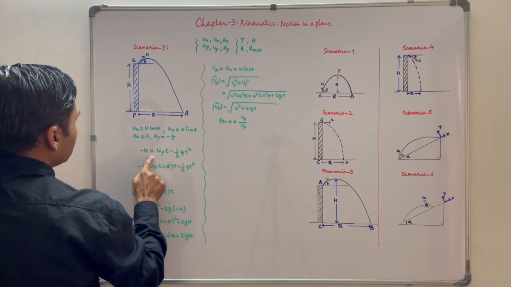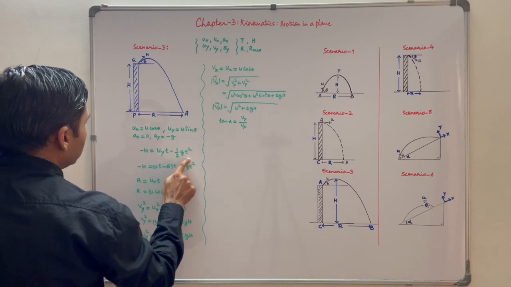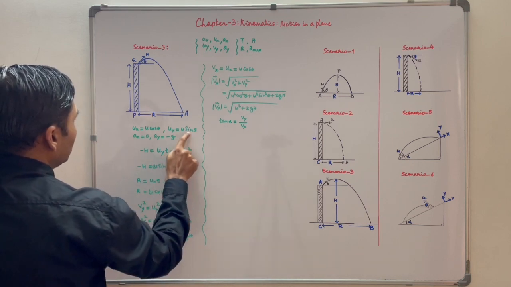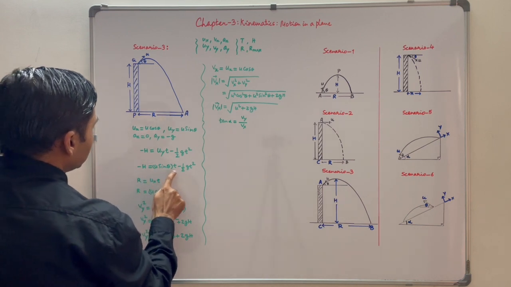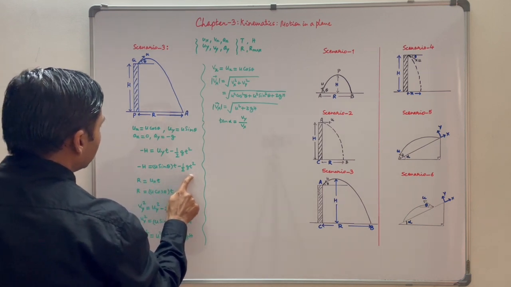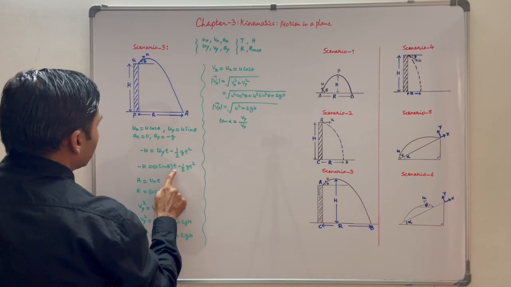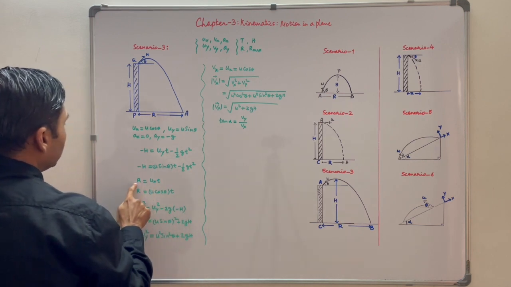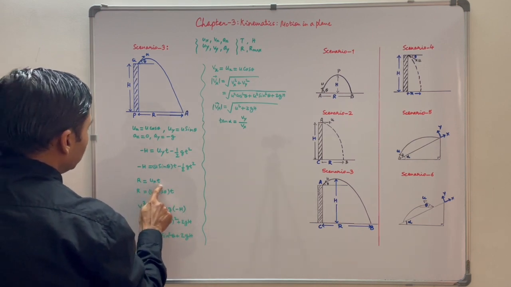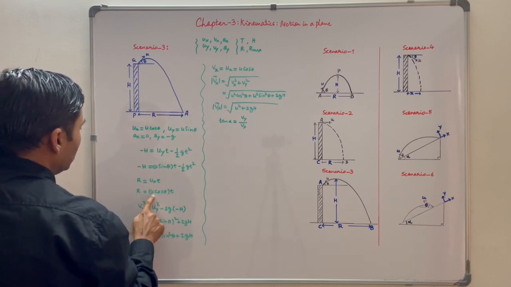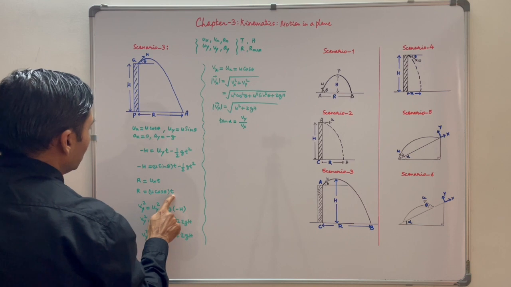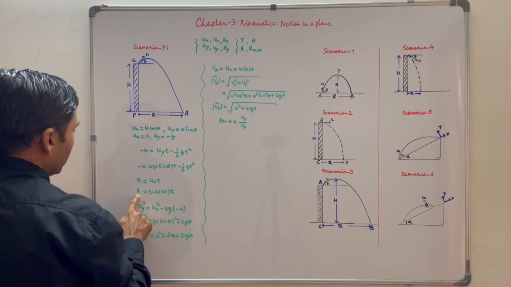So minus h is equal to uy t minus half g t square. Uy is equal to u sin theta. So minus h is equal to u sin theta t minus half g t square. This equation gives time of flight t. Range is equal to ux into t. Ux equal to u cos theta. So R is equal to u cos theta into t. Knowing t, we can calculate R.